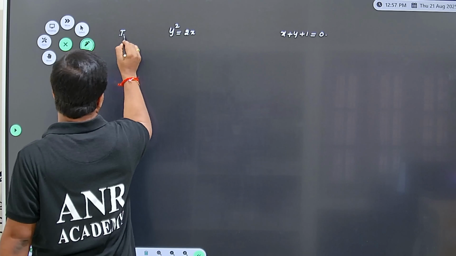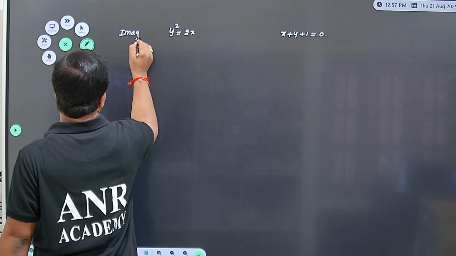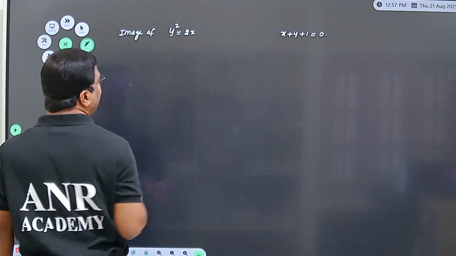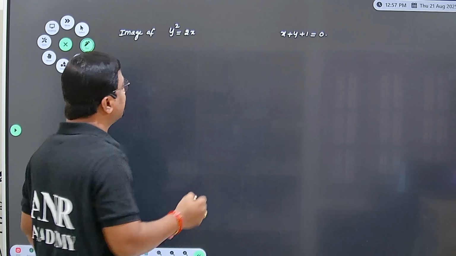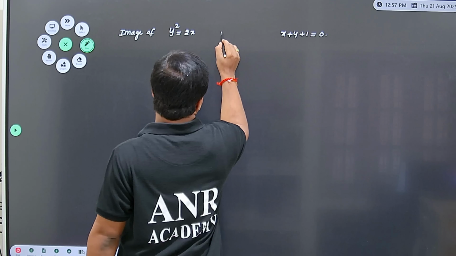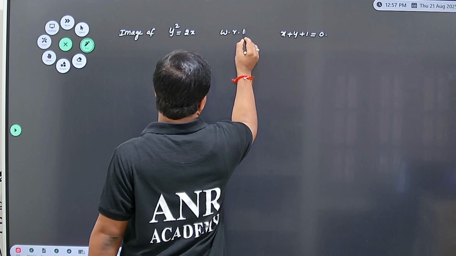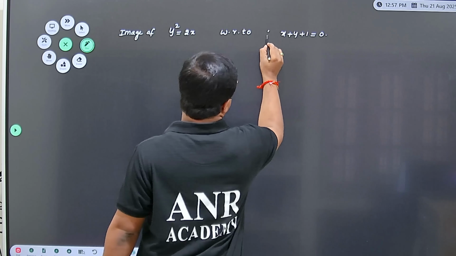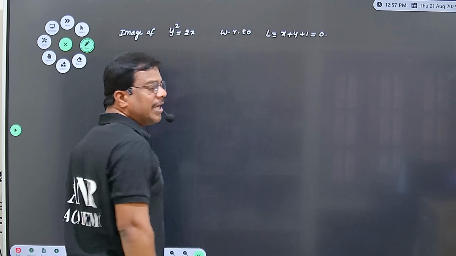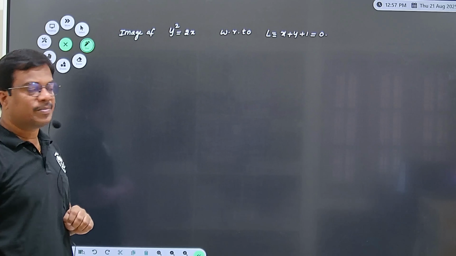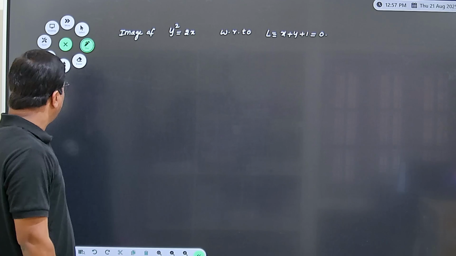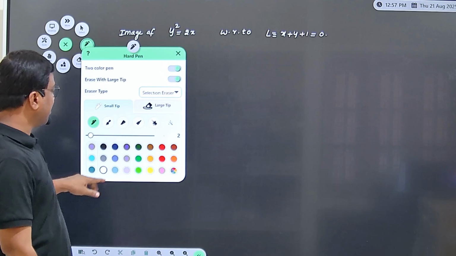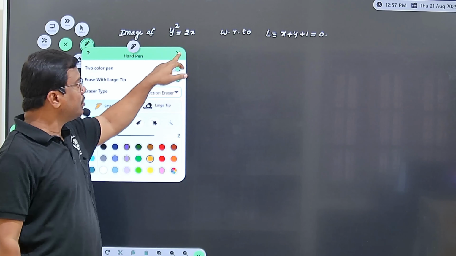Our aim is to find the image of the parabola y square equal to 2x with reference to the straight line L, x plus y plus 1 equal to 0. Yes, to find the image curve, I am going to use the image theorem.